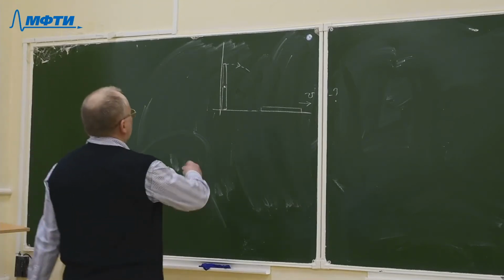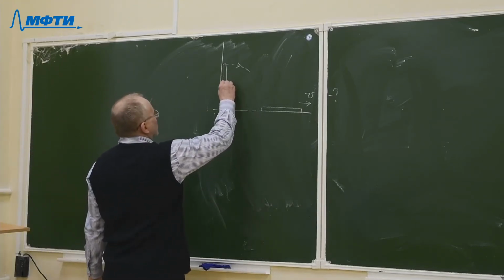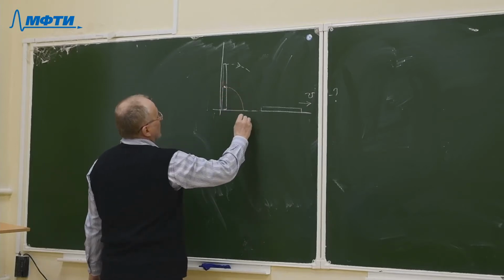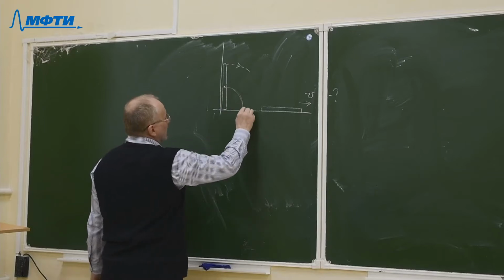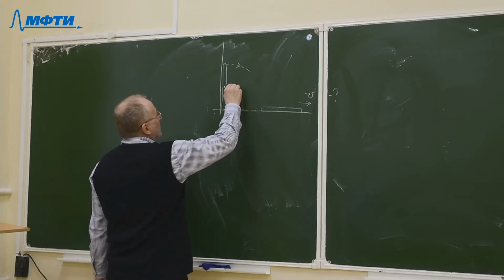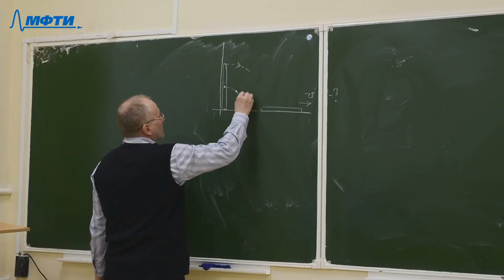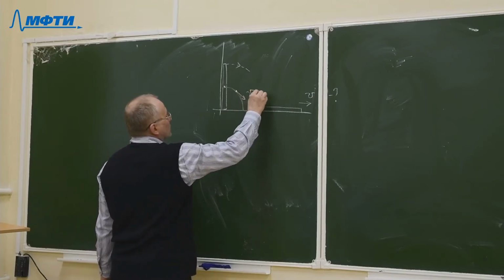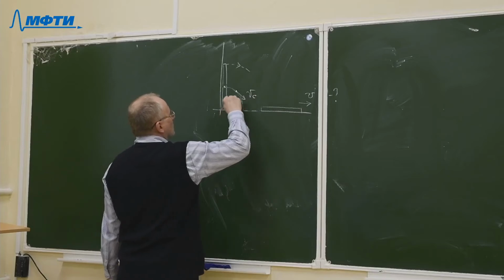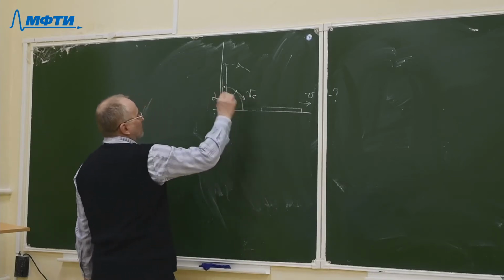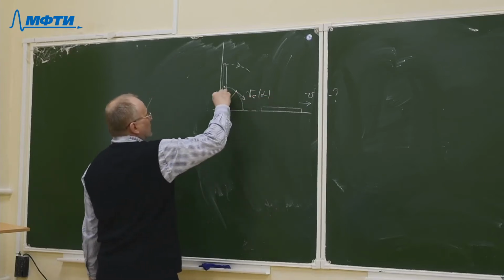So, we know that this center of mass moves along some circular trajectory here, but it does not move to the end. The motion of the center of mass with some velocity of the center of mass is a function of time or a function of this angle, angle alpha. This is the function of angle alpha.